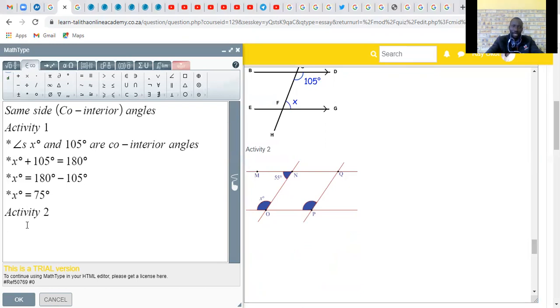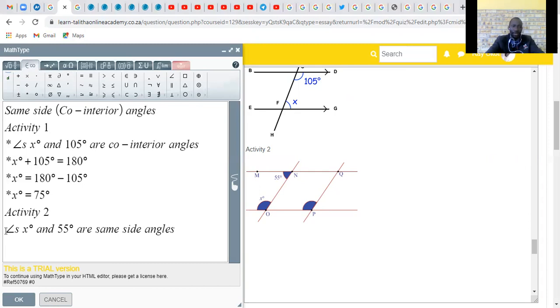Therefore, we say the angles x and 55 degrees are co-interior, or same side. Yes, that is the first thing.